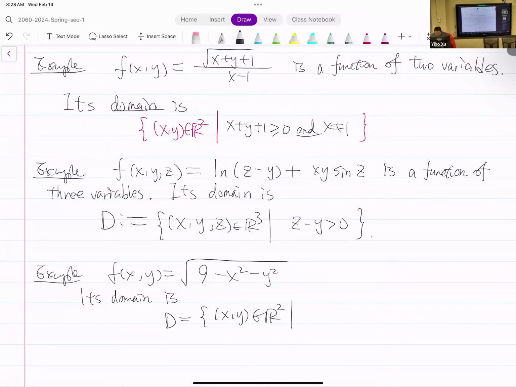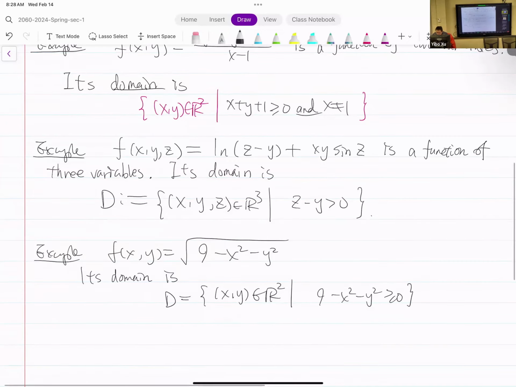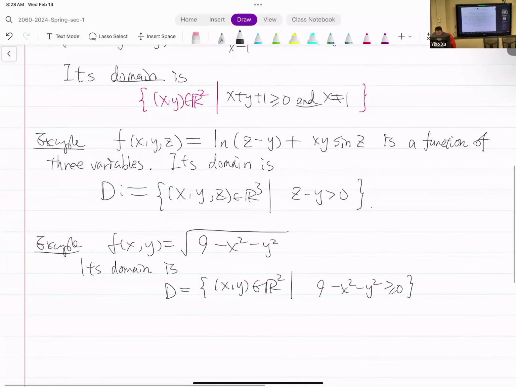Here, you just need to make sure that the input of the radical is non-negative, right? So that tells you that 9 minus x squared minus y squared is non-negative. If you rearrange the variables and the constants, this is actually a disk, right? So this is a disk of radius 3.